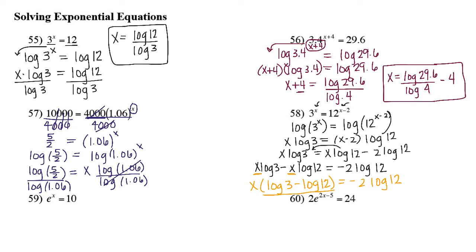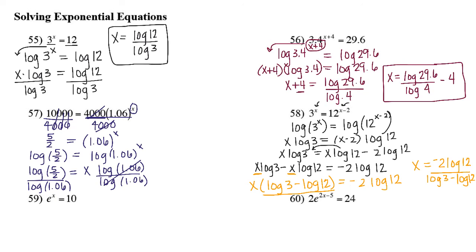So x is going to be equal to negative 2 log 12 over log 3 minus log 12. And that's going to be your final answer. That's it. Just leave it just like that, no matter how terrible it looks.